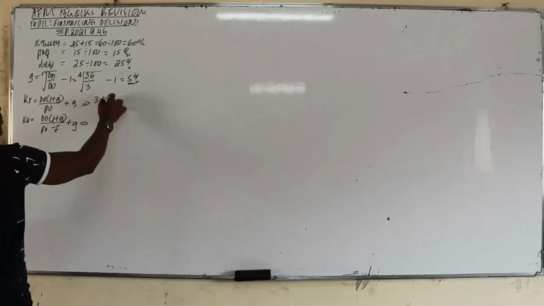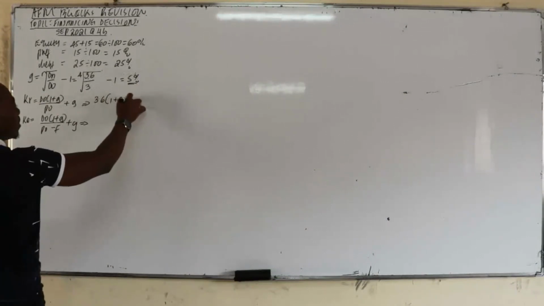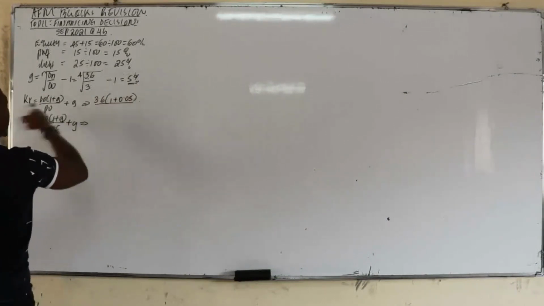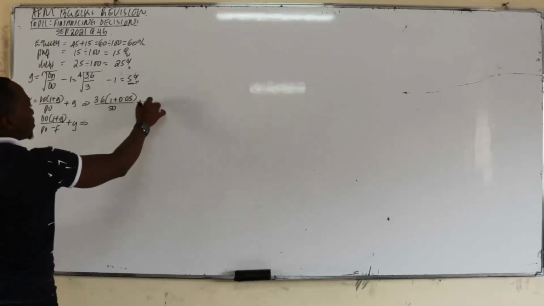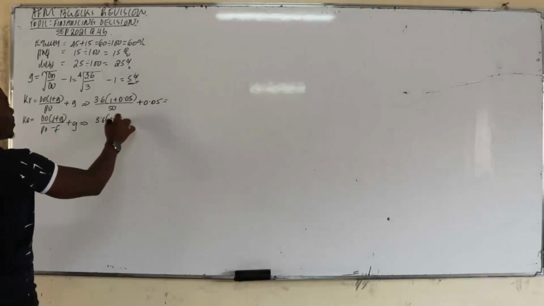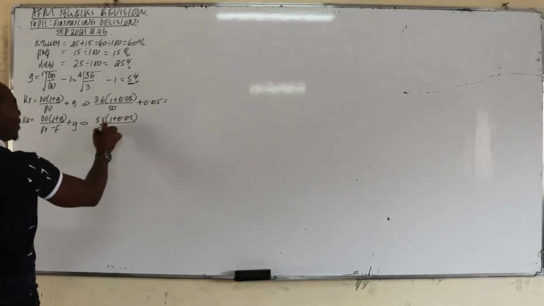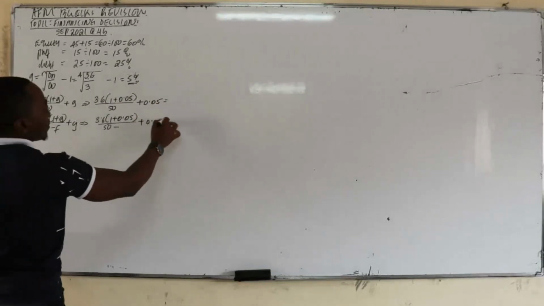It will be 3.6 times (1 plus the growth rate, 0.05), over P0, which I am told the market price is 50, plus 0.05. The other one will be 3.6(1+0.05) over (50 minus flotation cost), and then we add the growth rate.